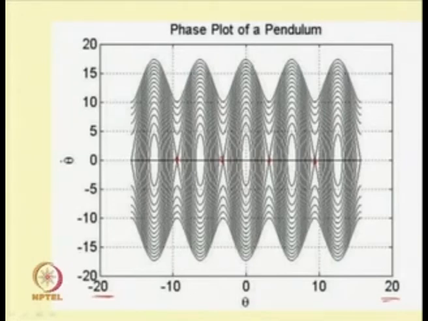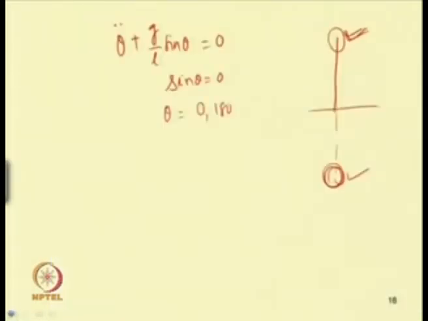That means, if you leave the system at some position, then it will oscillate with different amplitude depending on the initial condition, that is, the height at which we leave it. Let us leave it at this position. It will come to the equilibrium position, and then again it will oscillate.